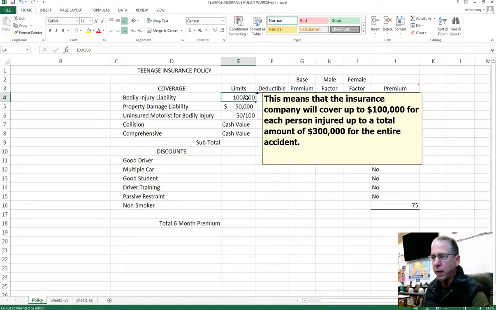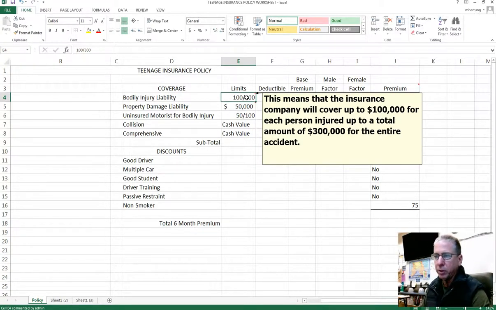However, the total amount for that accident is going to be $300,000. So, if you have 5 people that you hurt and each of them sustains $100,000 in bodily injury, that'd be a total of $500,000, and you only have $300,000 coverage. That means you'd have to come up with another $200,000 on your own.